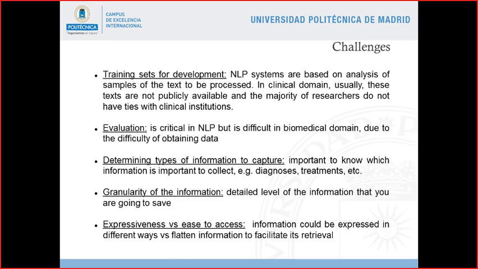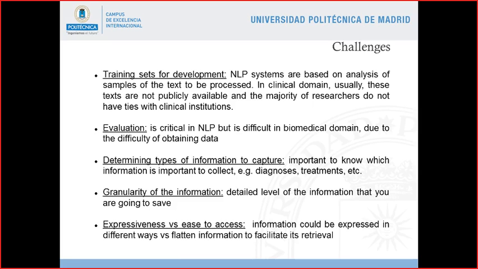Granularity of information. You need to keep in mind the level of detail that you are going to extract and save. If you want to obtain expressive data, the performance to retrieve the information from the database will decrease, and the other way around.